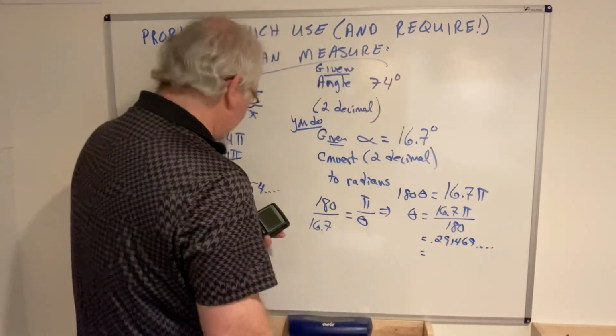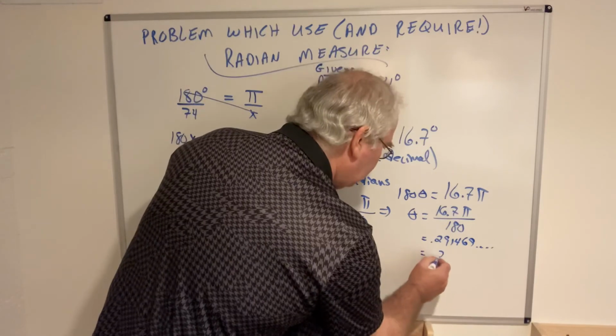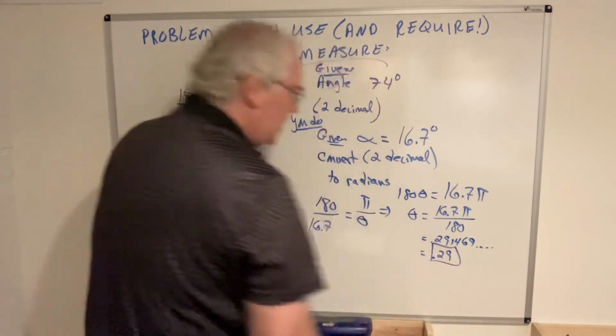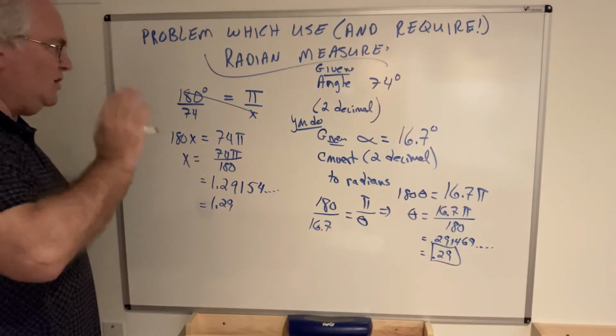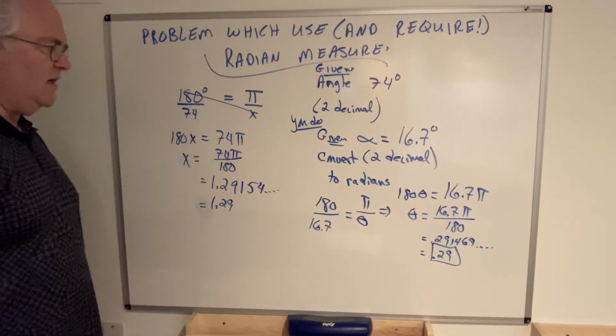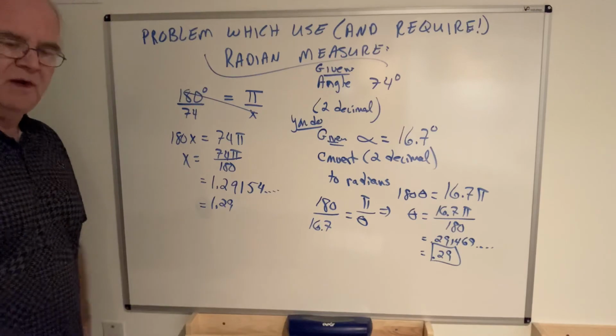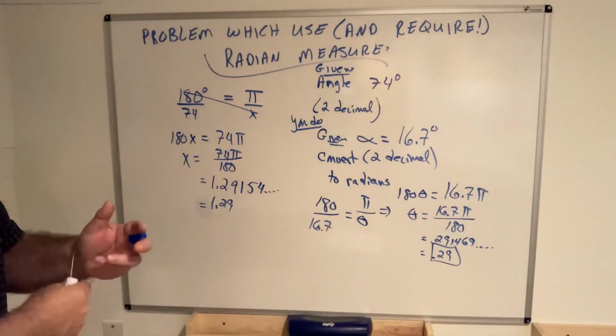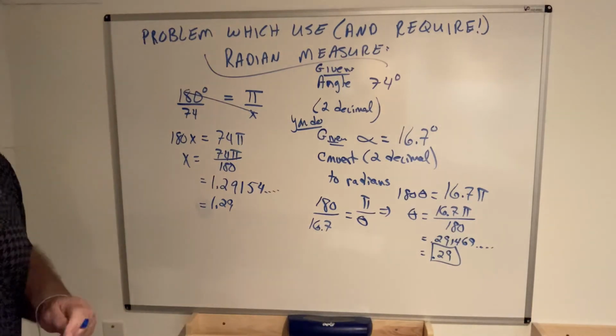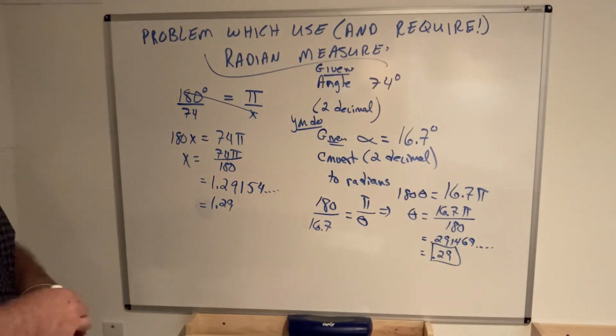I'm going to approximate that to be 0.29 radians as my final result. So converting from degrees to radians and radians back to degrees should be very straightforward. If you've practiced that a few times, in the next video we'll take up the actual problems that require working with radian measure.